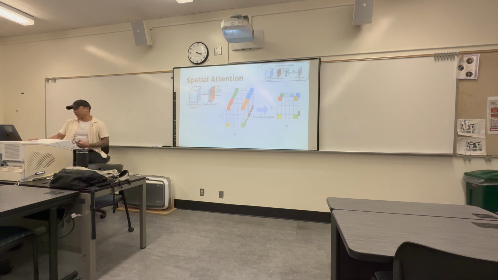We have our input feature, C by H by W, and we want to find the max and then the average pool of this first pixel, and then treat this entire thing as a vector.